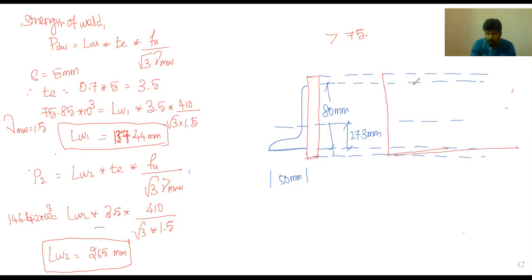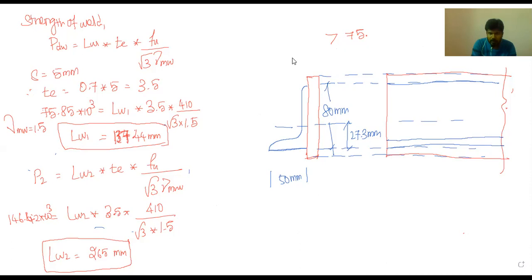The red line is indicating the gusset plate, and the blue line indicating the angle. Now the black line is going to indicate the weld.